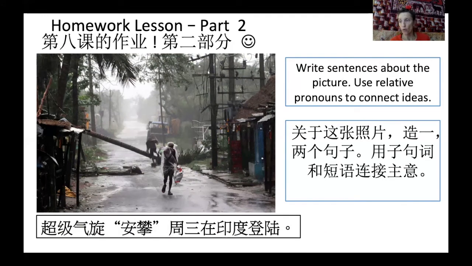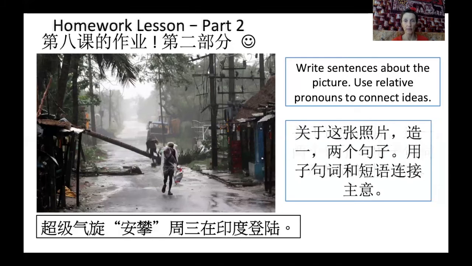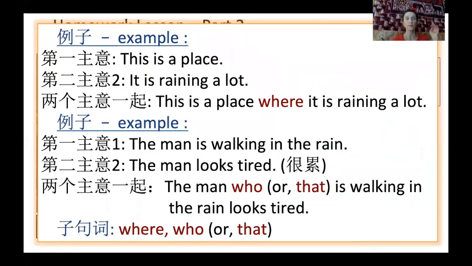OK，我不确定我用中文写的东西是否正确。But you also have the English. Write sentences about the picture. Use relative pronouns to connect ideas. We've been talking about. And here's an example. Here's my example.